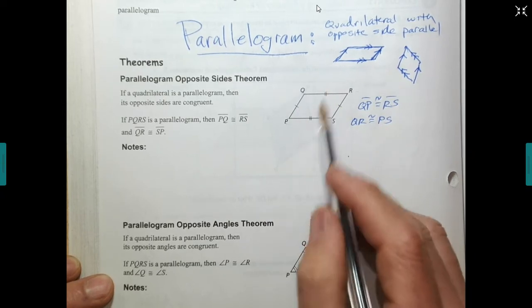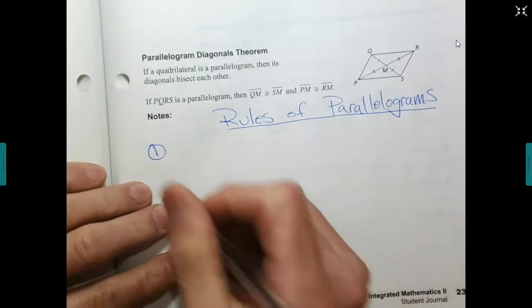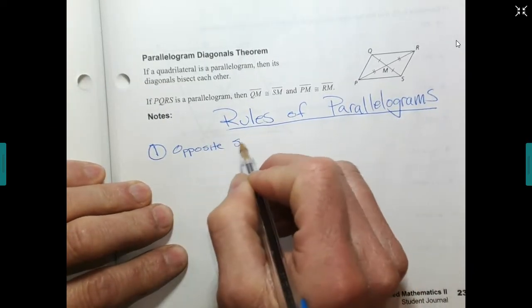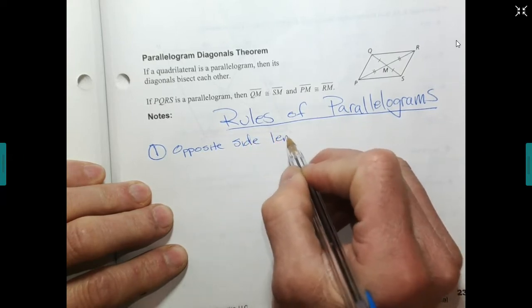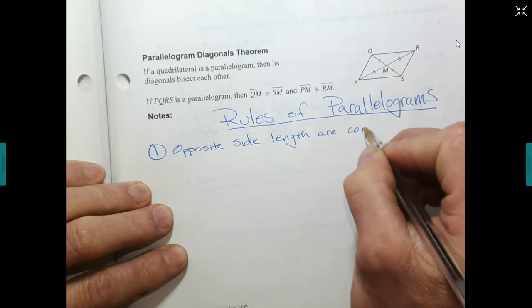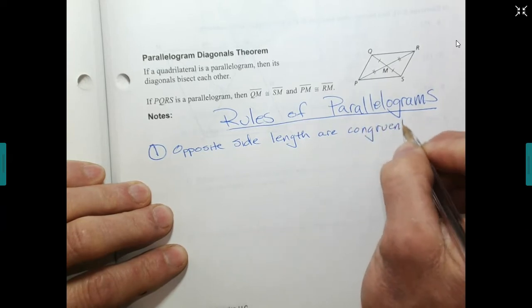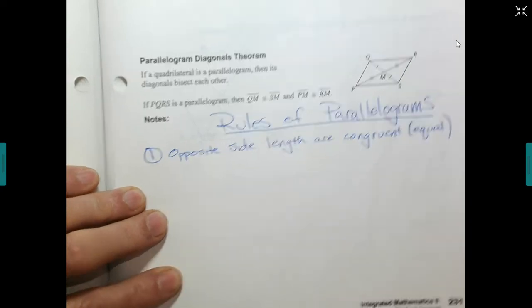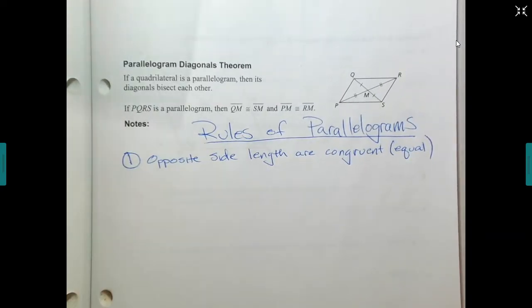So rule number one: opposite side lengths are congruent, which is a fancy term for equal. If you want to put equal, put equal.